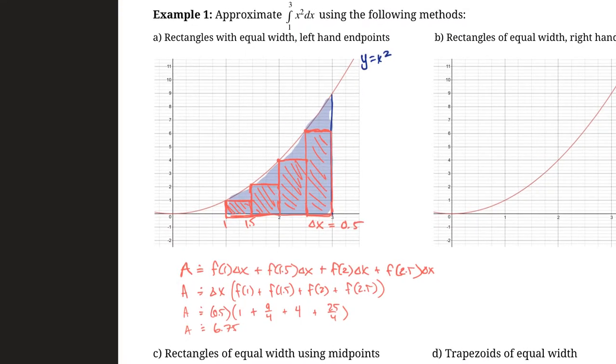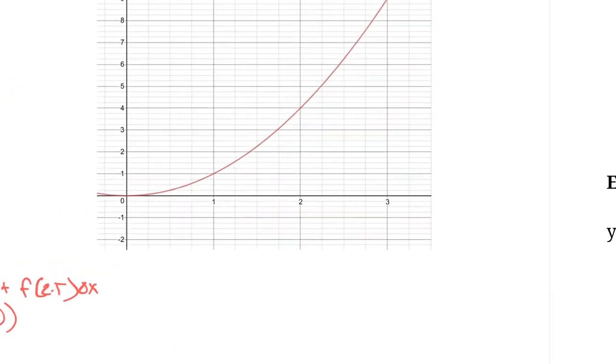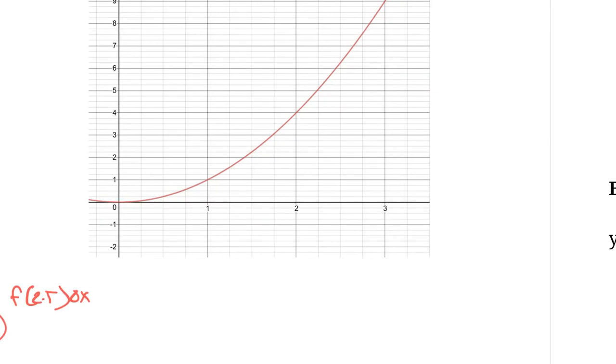We can do the same thing, however, with right-hand endpoints. Realize here we did the left hand, we made the rectangle go up to the left side. We can do the same thing here with the right side. So in this case, we'll do the same width, just so we can compare.